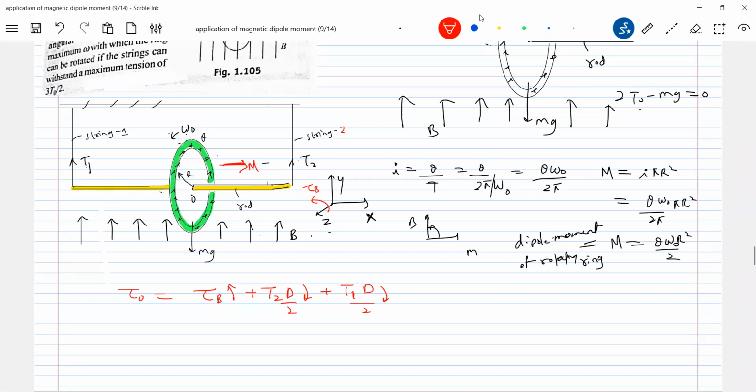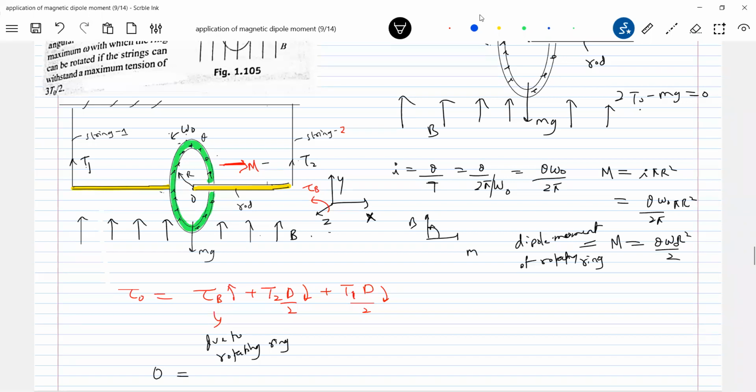This equation is the core idea of this problem. Why is this due to the rotating ring? Why should tension change? Because for equilibrium, the net torque will be 0.